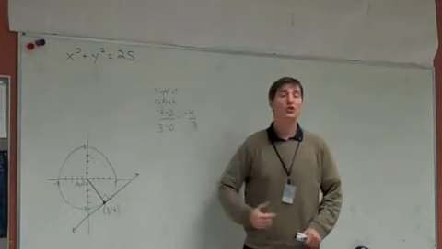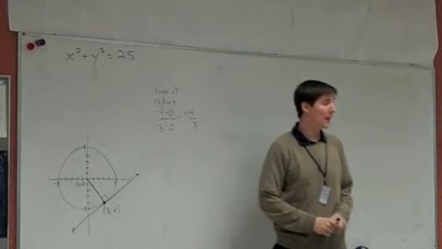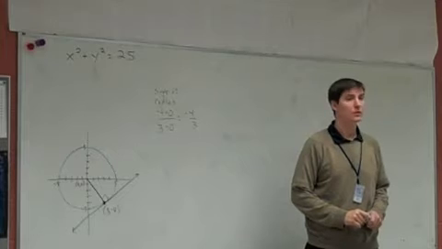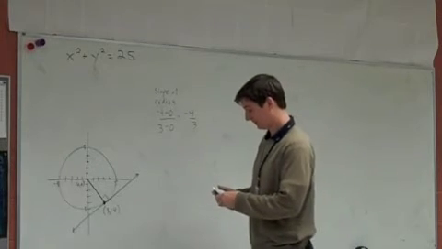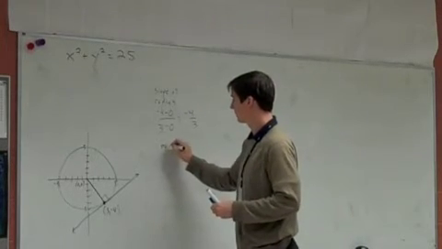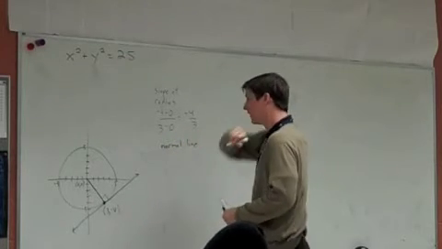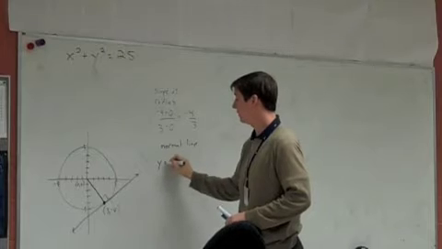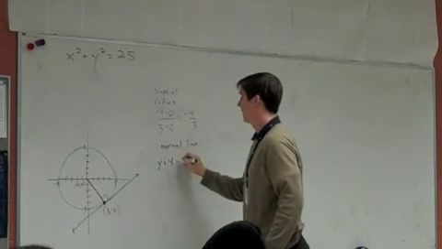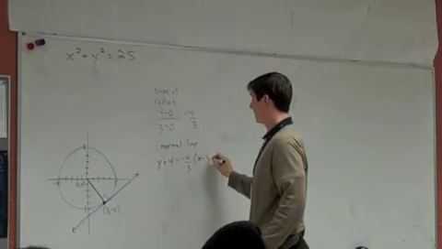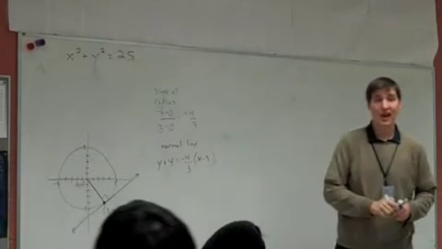I just figured it out. So what's the equation for that normal line? Y plus 4 equals negative 4 over 3 times x minus 3. Normal line: y plus 4 equals negative 4/3 x minus 3. Do we agree with that?